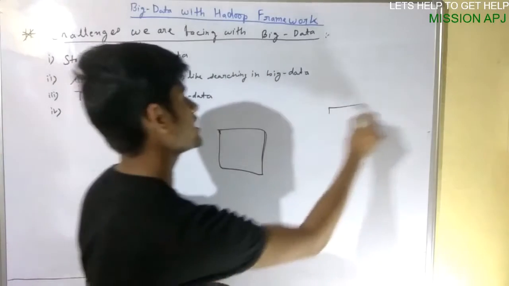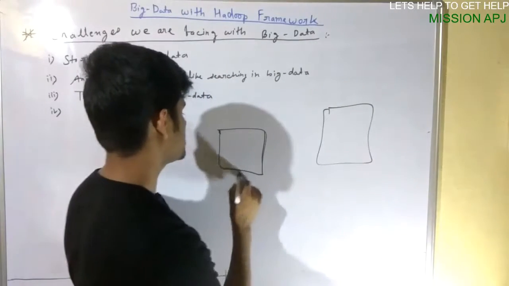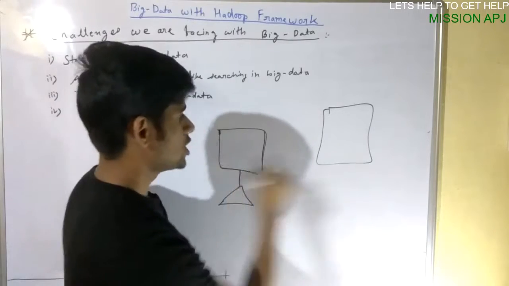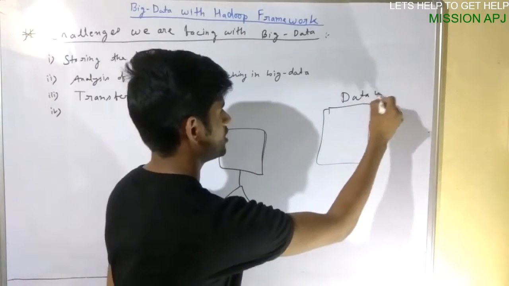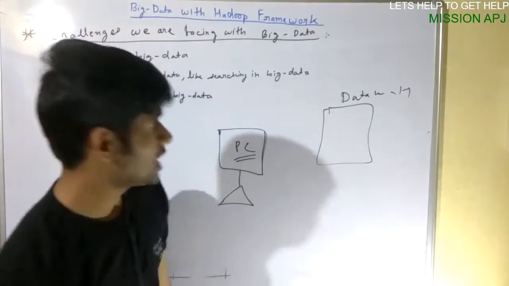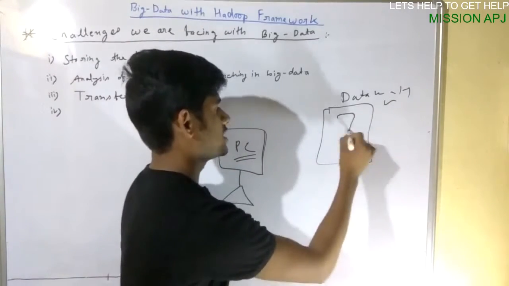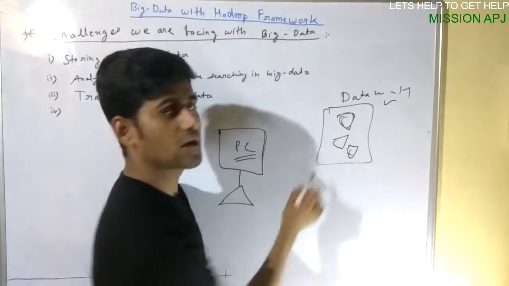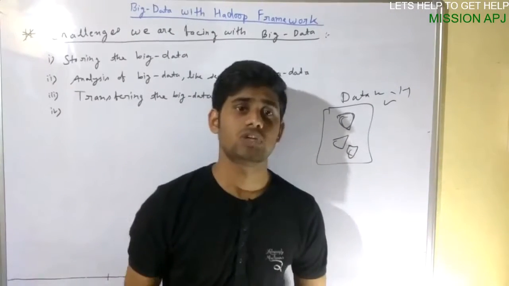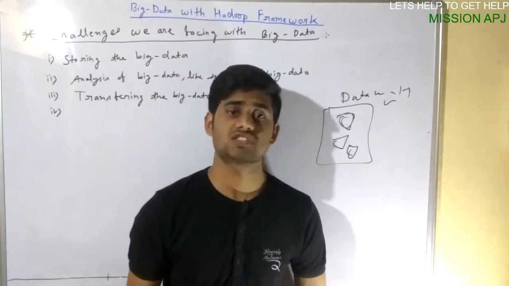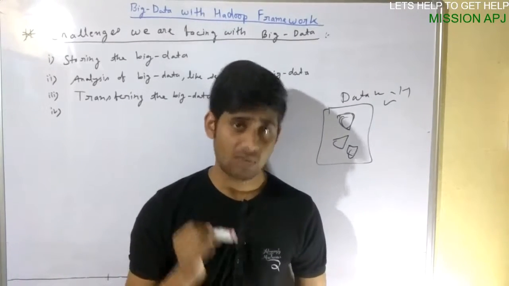So there is a data warehouse here, and here is your local machine where you work. So this is the data warehouse, and this is your PC. Fine. Now there is a lot of data you are storing, and you want to process that much data. What we know is that to process data, it must exist on the local machine.